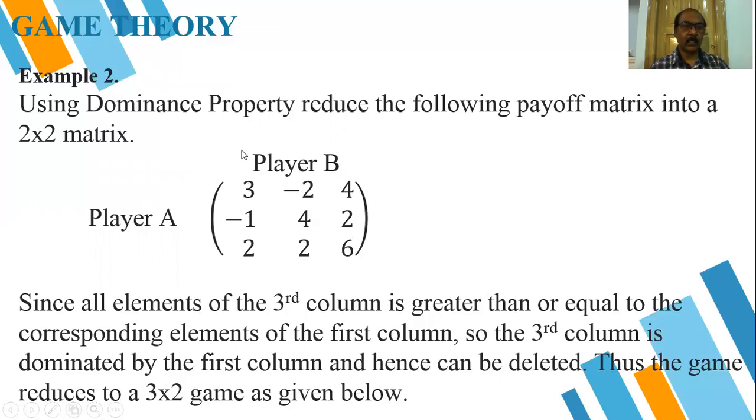So you can say column 1 dominates column 3. So you can delete column 3 and the pair of matrix reduces to 3 cross 2. And our reduced pair of matrix will be like that: 3, -2; -1, 2; and 2, 2.